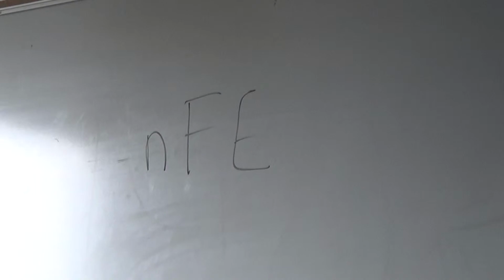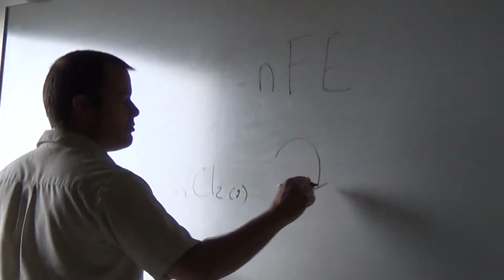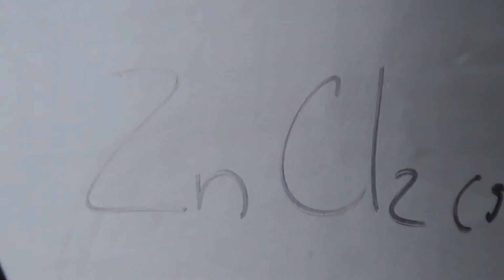So, I kind of want to introduce this softly, connected to the thermodynamics. Say we take a system of zinc chloride. Throw it into water, and somehow this thing is incorporated into a calorimeter, and so we can measure the heat.